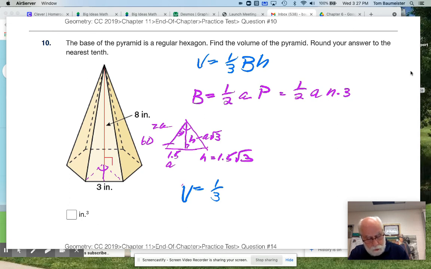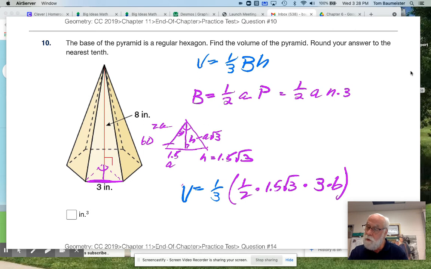It's going to be 1/2 the apothem, 1.5 times the square root of 3, times 3, which is the whole side length, and it's 6 sides. And you can plug all of this in there if you want. And then it's going to be times the height. Well, the height here is 8.